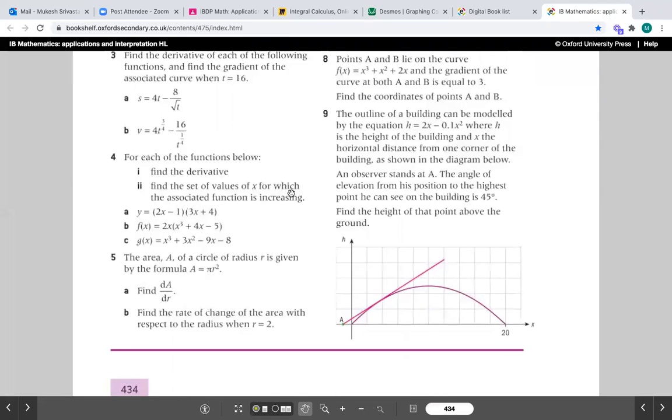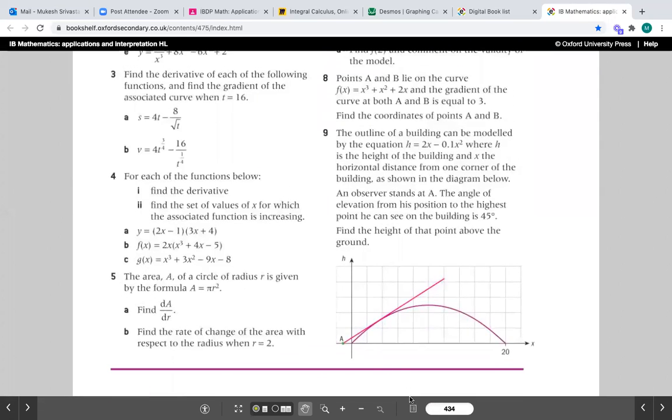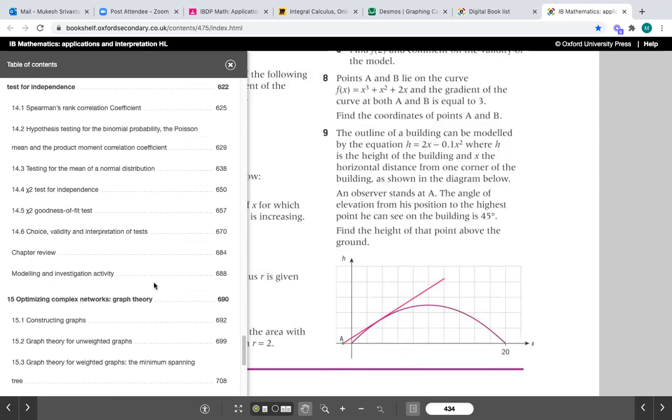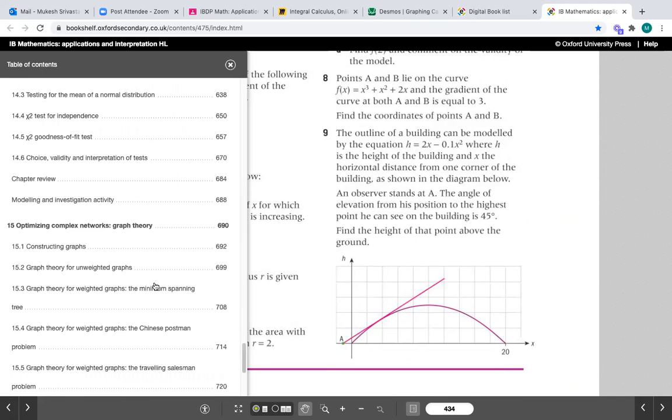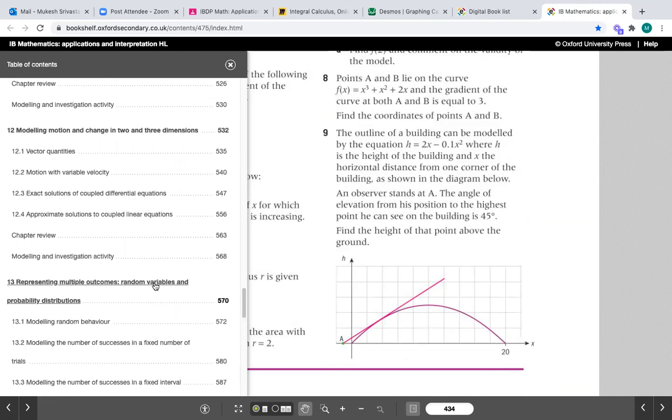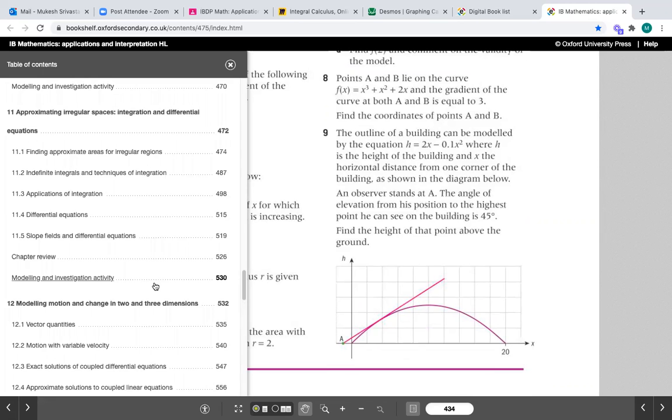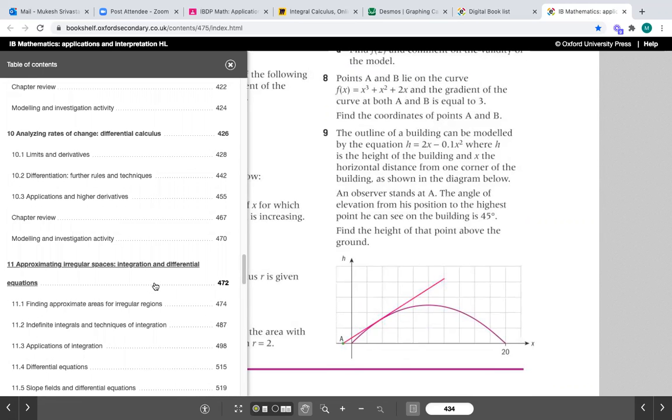We'll finish this and then go to integral calculus. Higher derivatives are there too.